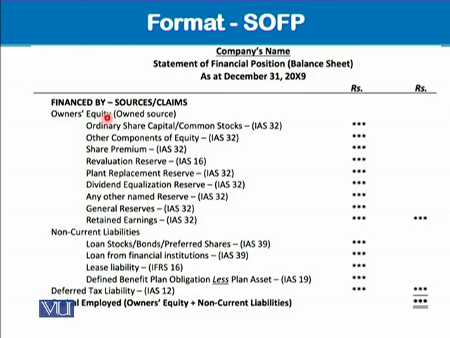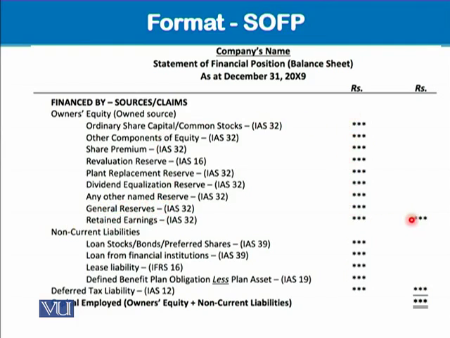Contributed capital includes your ordinary share capital, okay, and share premium. All right. Then we have to show other components of equity, which are explained in IAS 32, and revaluation reserve, plant replacement reserve, dividend equalization reserve, any other named reserve, general reserve, or retained earnings as well. So all these are owner's equity.